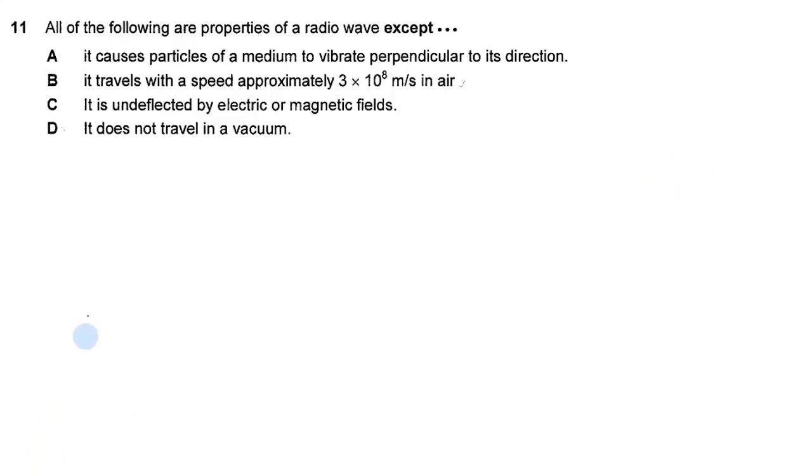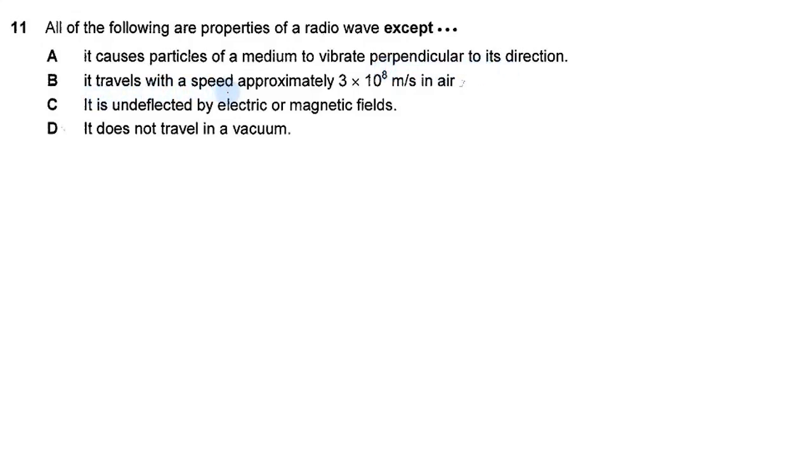So we move. Question 11 says all of the following are properties of a radio wave except: it causes particles of the medium to vibrate perpendicular to its direction. This is a property of a radio wave because a radio wave is a transverse wave. So transverse waves vibrate perpendicular to the direction.